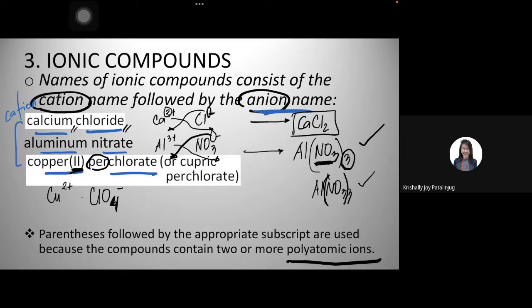So ClO4 negative, that's perchlorate. So you do the same crisscross method. You cross over the numerical charges. So copper here will have no subscript. And then it will be followed by perchlorate enclosed in a parenthesis followed by the subscript 2. So that's how you write the chemical formula.